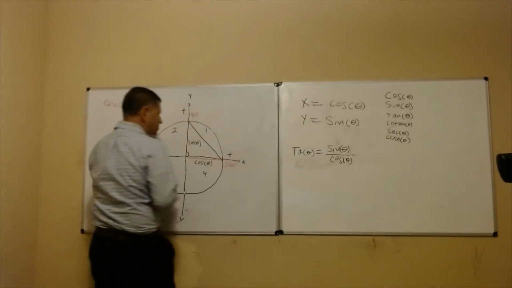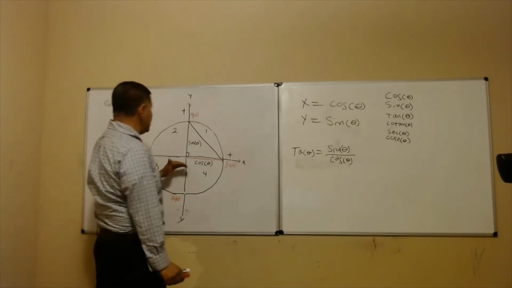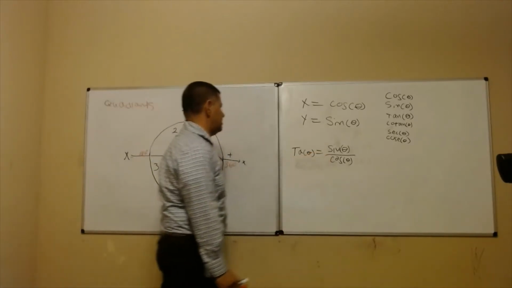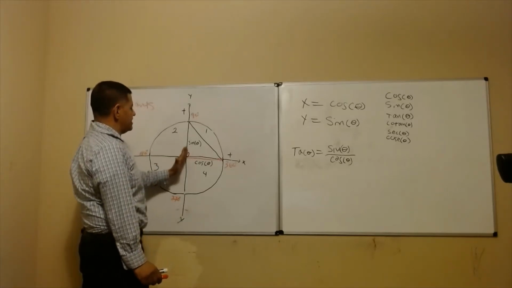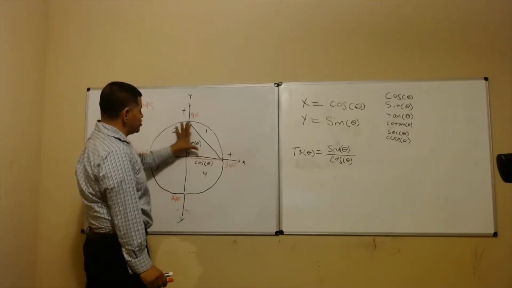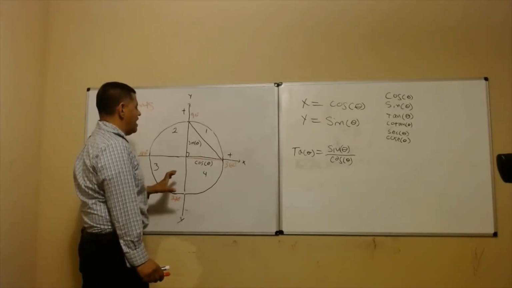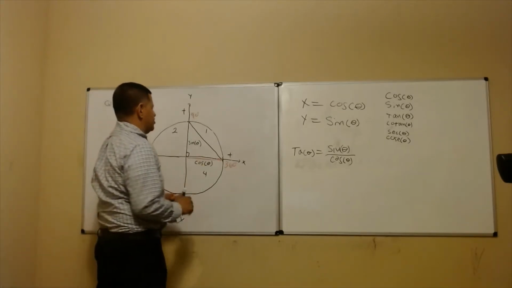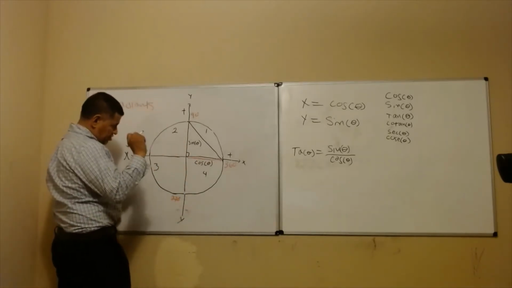And why is that? I will explain this a little quick, right? Tangent is the ratio of sine over cosine. Here is sine, here is cosine, so the tangent is the ratio between these two functions. Now, if we look at this unit circle, before I go any further, I will put some symbols here.